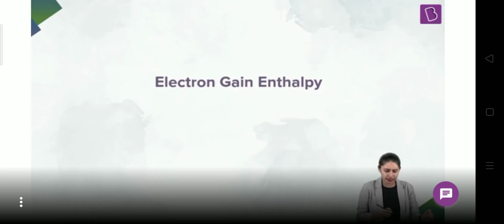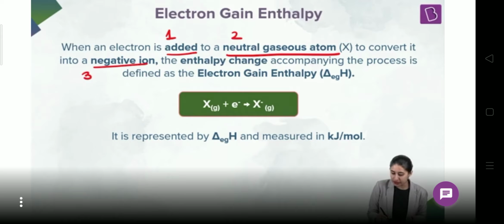If I give you the definition of electron gain enthalpy: when an electron is added to a neutral gaseous atom to convert it into a negative ion, the enthalpy change accompanying the process is defined as electron gain enthalpy.